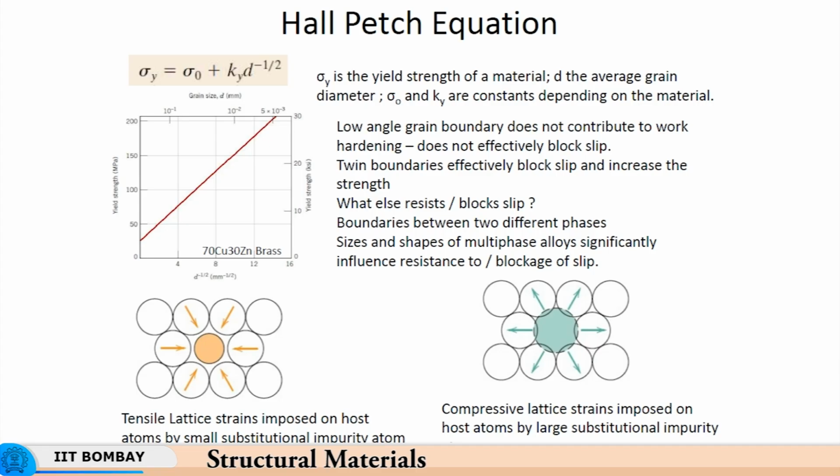So, if the grain size is small, meaning the grain boundaries are much closer together, then what you are likely to have is impediment to dislocation movement time and again, and therefore, you will get a rapid increase in strength for a small amount of strain.